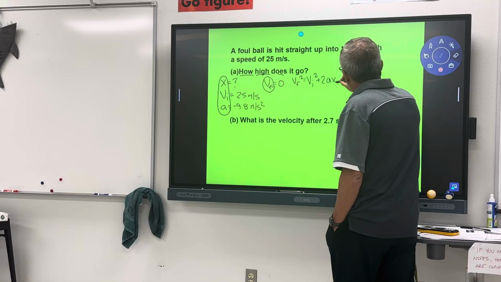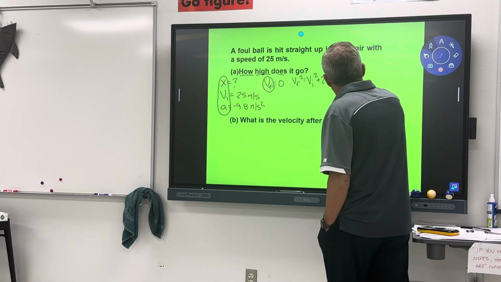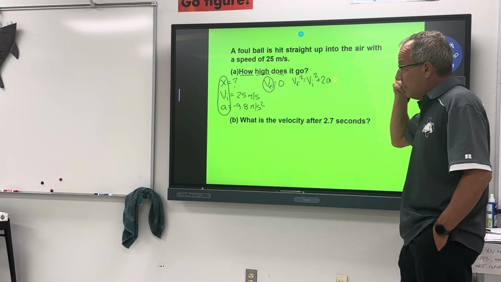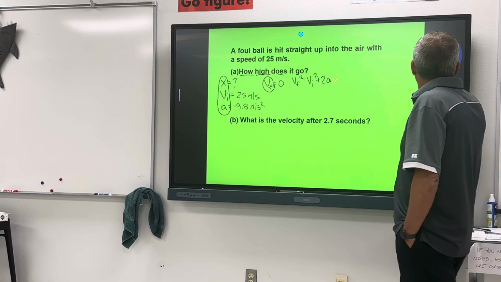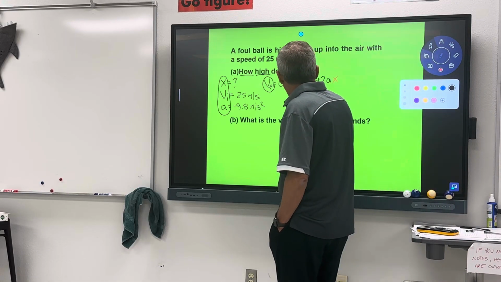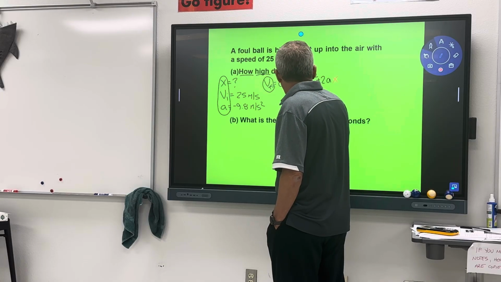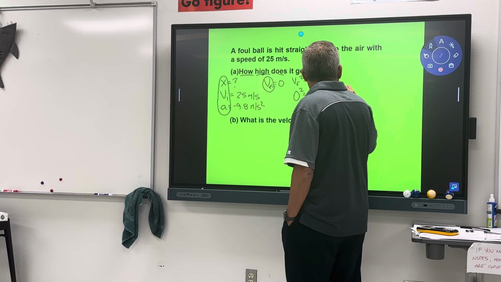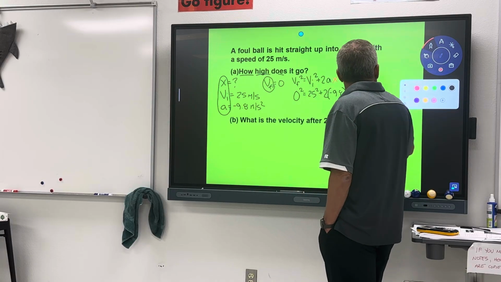All right. As a matter of fact, I'll put my variable I'm solving for here in red, which is again displacement. Now I'm going to plug my variables in here. This is going to be 0 squared equals 25 squared plus 2 times negative 9.8 times x.